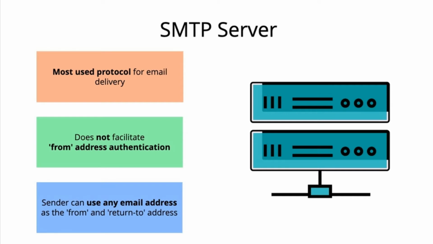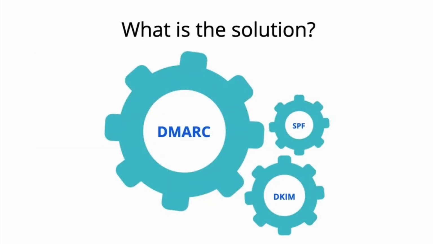These solutions include SPF, Sender Policy Framework, DKIM, DomainKeys Identified Mail, and DMARC, Domain-based Message Authentication, Reporting, and Conformance. These protocols help you against phishing, spoofing, and overall spam emails. So let's start with SPF.